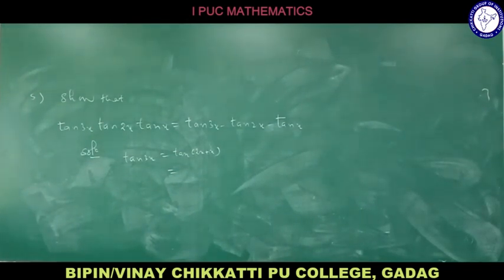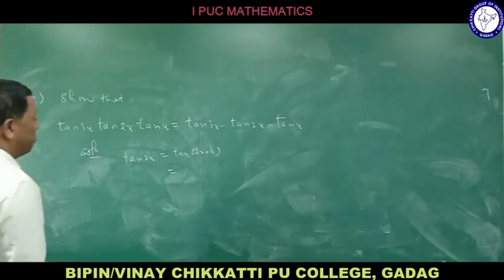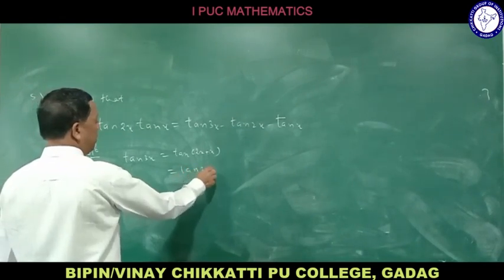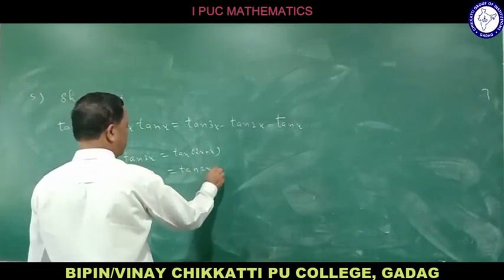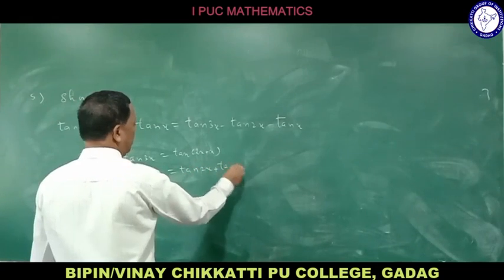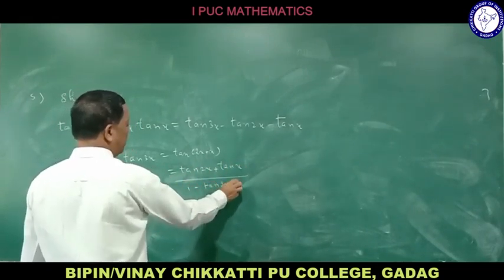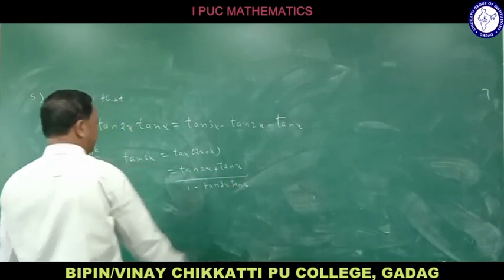Tan of x plus y is tan x plus tan y divided by 1 minus tan x tan y. So tan 3x equals tan 2x plus tan x, divided by 1 minus tan 2x tan x. So this is the result.